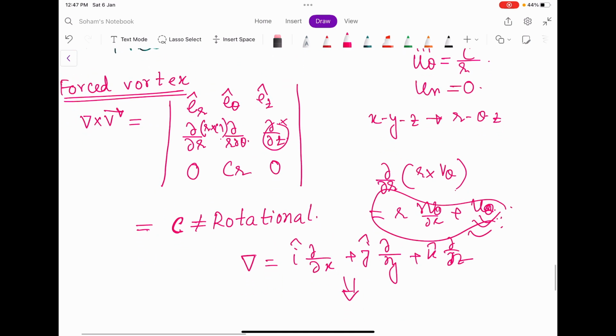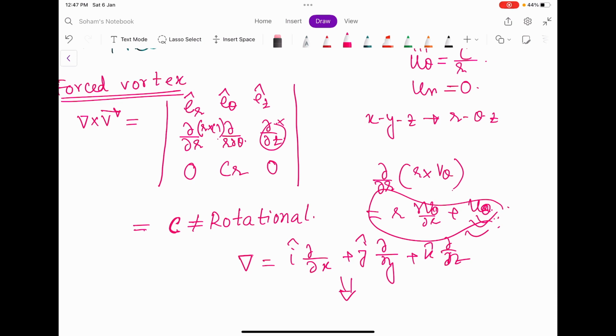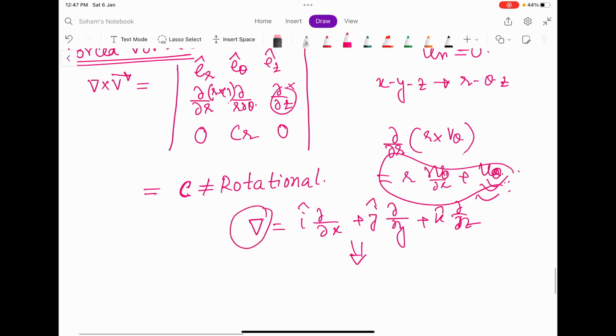There is no glory in mugging up or remembering the expression of del in various coordinates, because you can find it in any book, or in good institutes it will be given. There is no intelligence in mugging up these expressions.